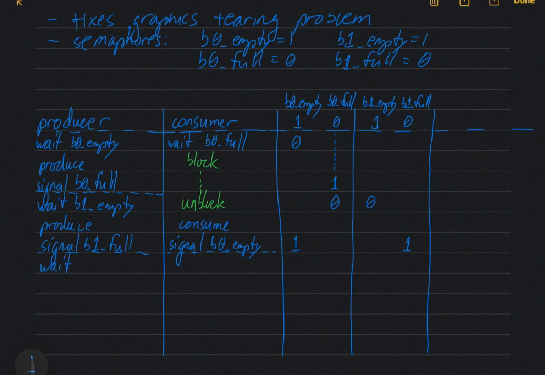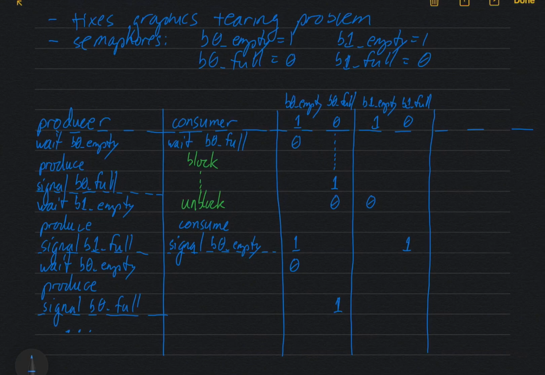The producer will now go back to buffer 0, so we'll wait buffer 0 empty, which conveniently was just signaled, so it won't block. It will fill buffer 0, and then it will signal buffer 0 full. Then it will move on to buffer 1 and back to buffer 0 again.